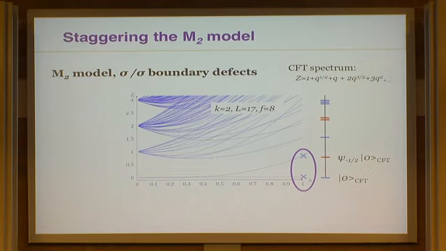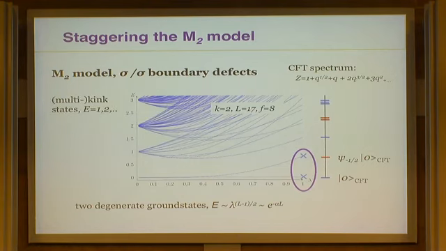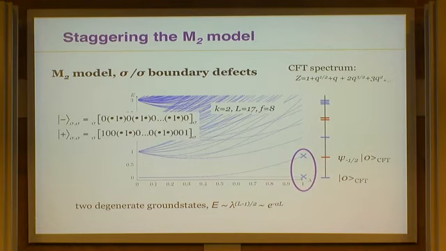So here's how that goes. Here's the spectrum that I just showed. Here's this lambda, and if I turn it down all the way to 0, you see what happens. These 2 states collapse to become 2 degenerate ground states. So this splitting is exponentially small in the lattice length. And if you look carefully at what these states are at extreme staggering, they're these 2 patterns, which actually fit the boundary.